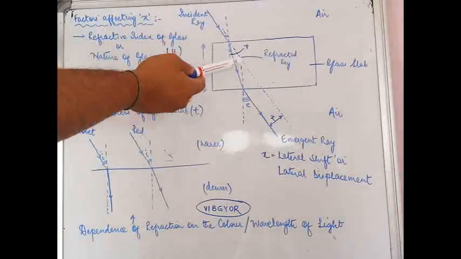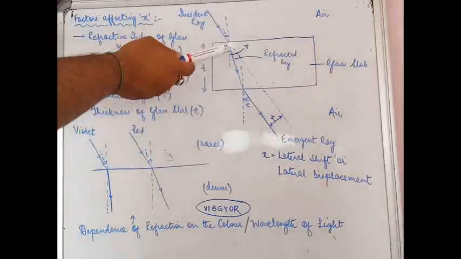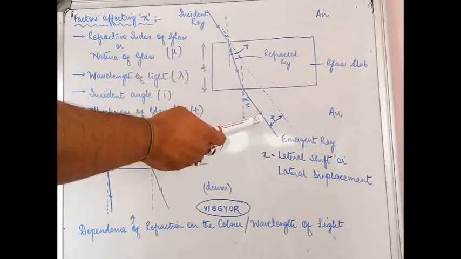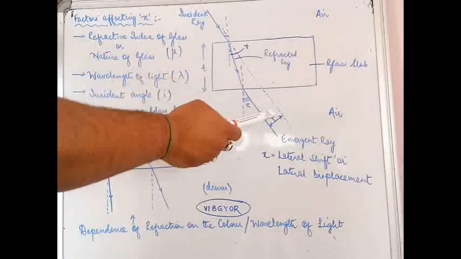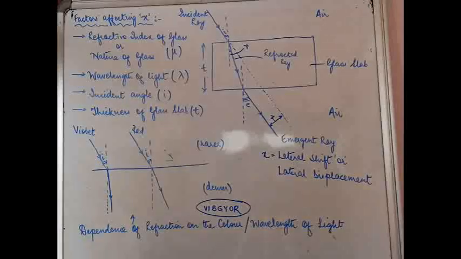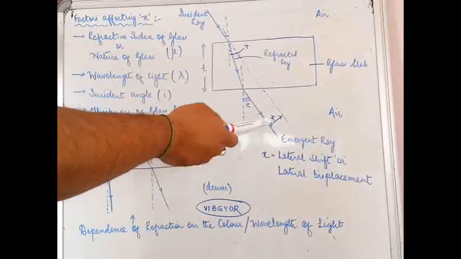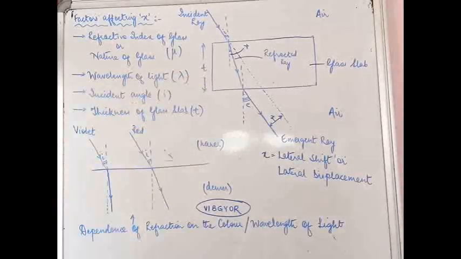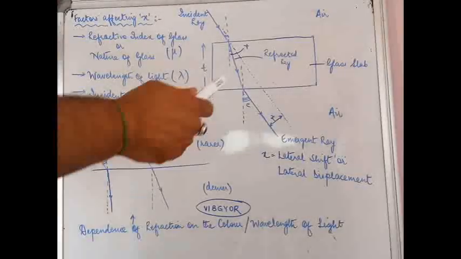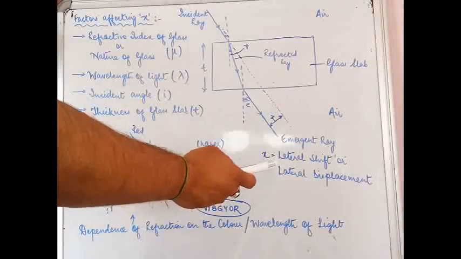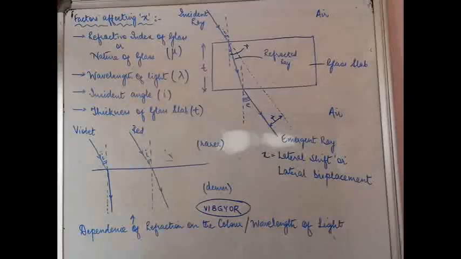Obviously the ray does not actually travel this path; it travels another path, which is the final path it takes. These two appear parallel to each other, and this x is the distance between the two parallel paths. It is this x that we call the lateral shift or lateral displacement.